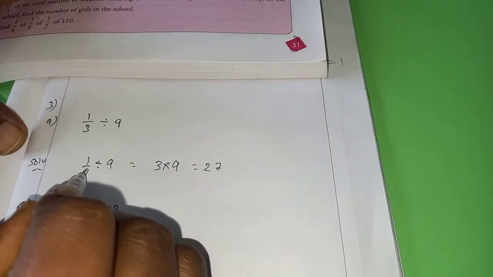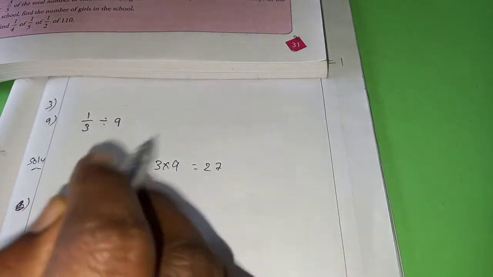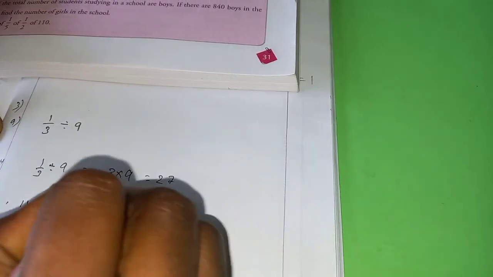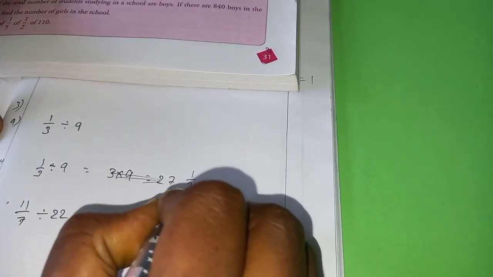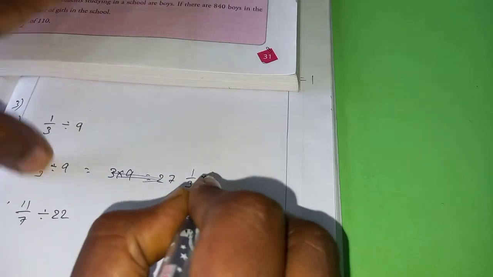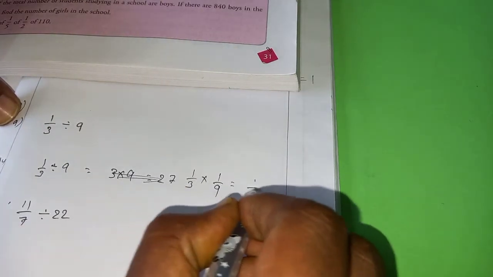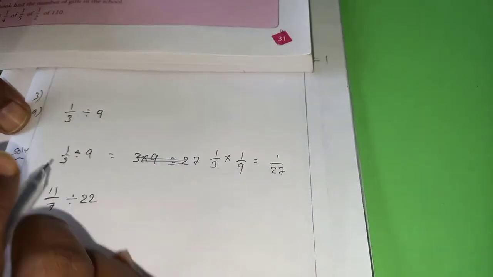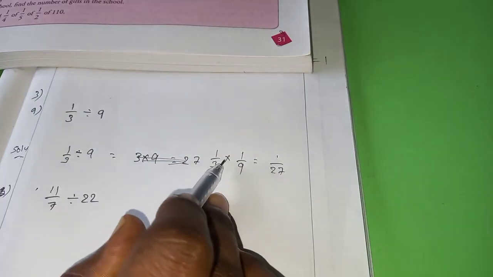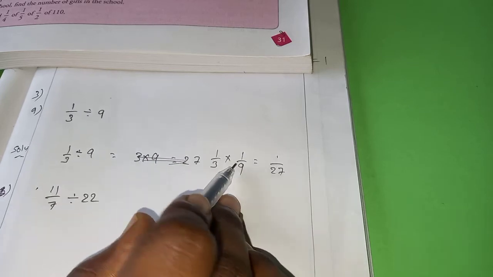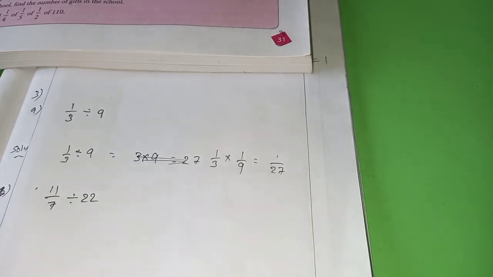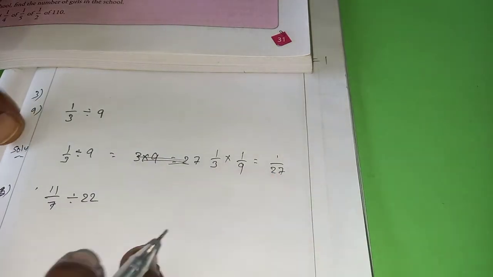Sorry dear, sorry. This is 1 by 3 divided by 9, no? So what you have to do? 1 by 3 into 1 by 9, right? So 1 by 27. Division converts into multiplication, which means you have to take 9 as 1 by 9. Sorry, it's my mistake.